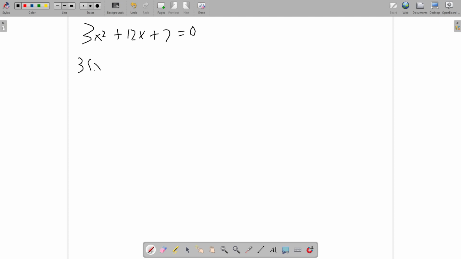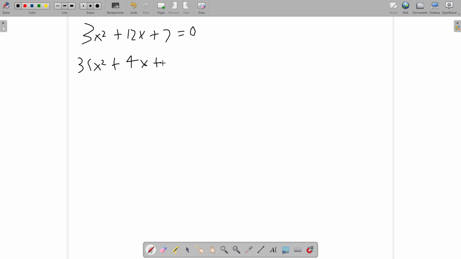3, x squared. For this one here, we've got to think, what do you multiply 3 by to get 12? 3 times 4, 4, 8, 12. The answer is 4x. Now, since we've got the 4 here, we can do what we did previously. Half, then square.